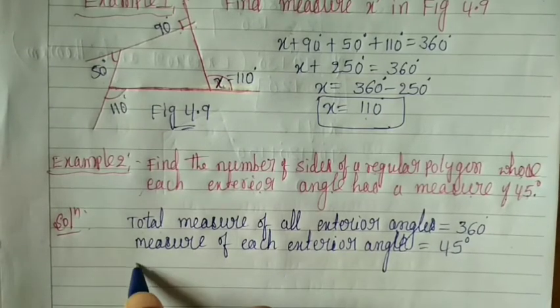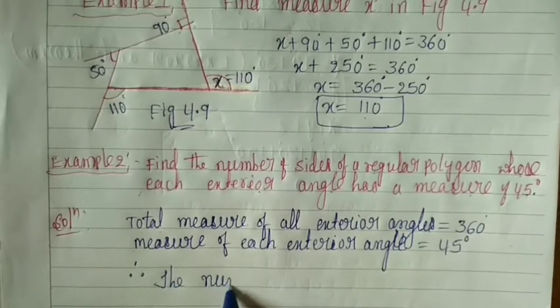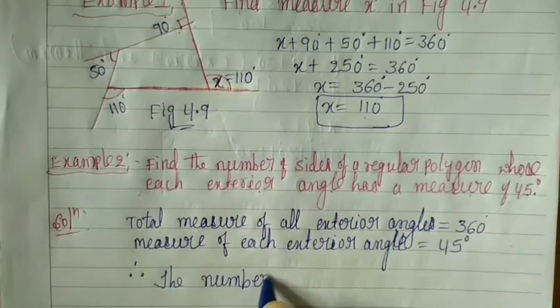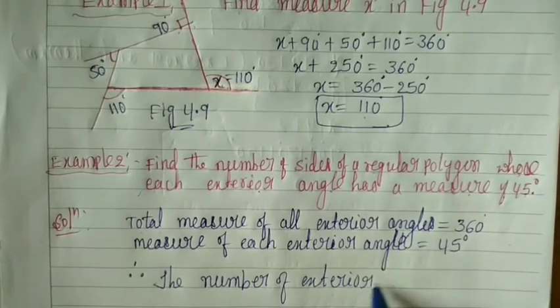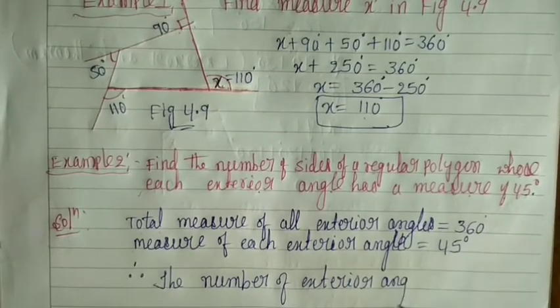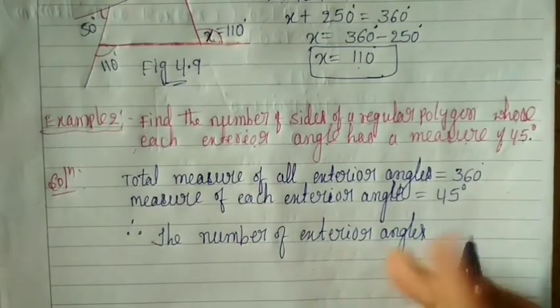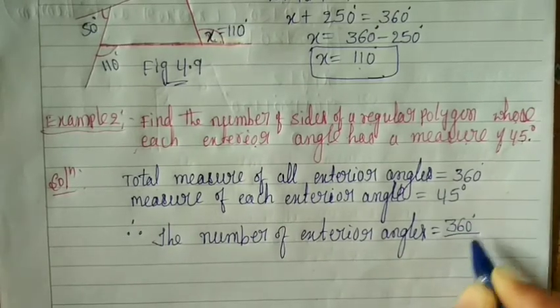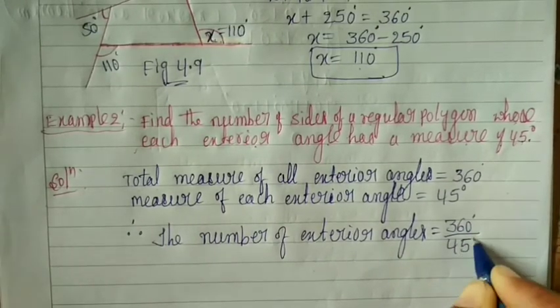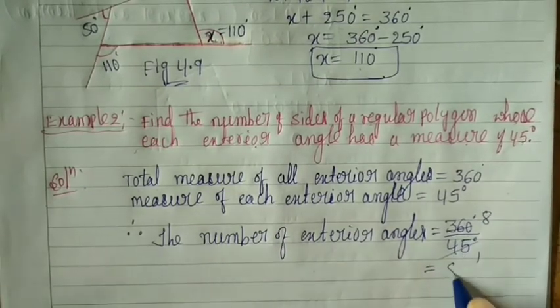Therefore, the number of exterior angles is equal to 360 degrees divided by 45 degrees, which is 45 ones are 45, 45 eights are 360, therefore 8.